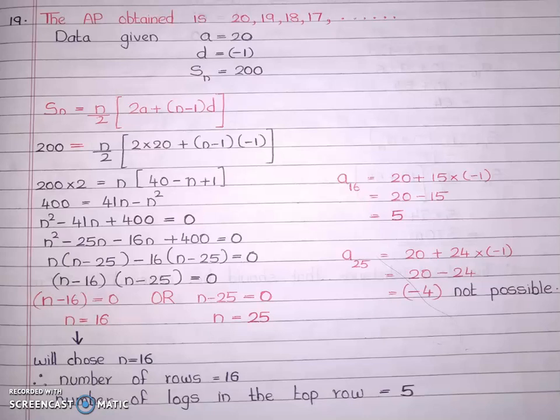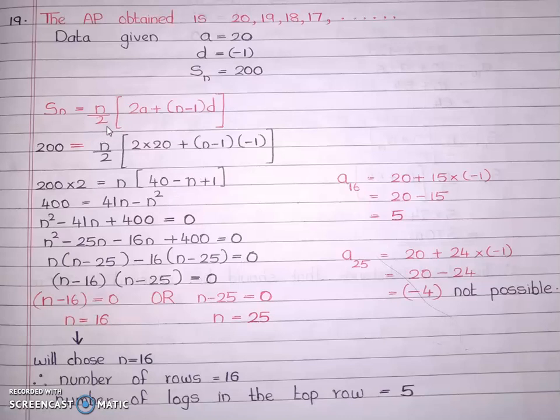Now what is missing here? Number of rows is missing. That is, n is missing. So here, if n is missing, you will have a quadratic equation and you are going to solve it.